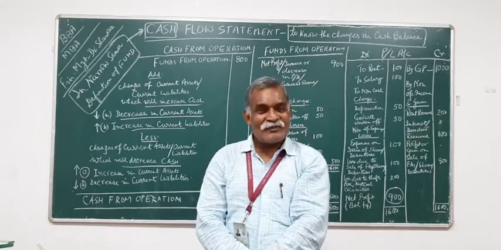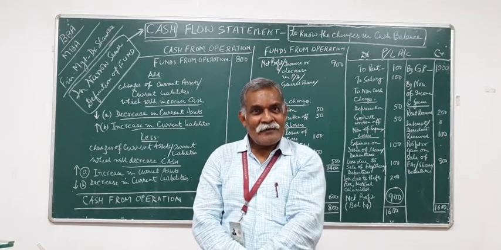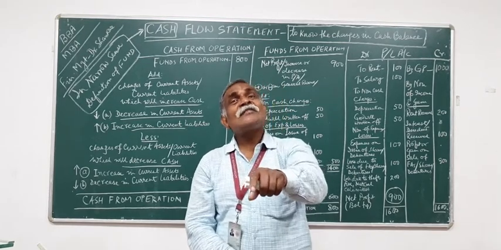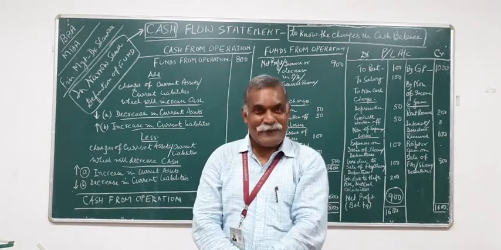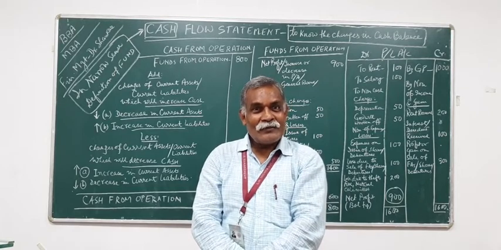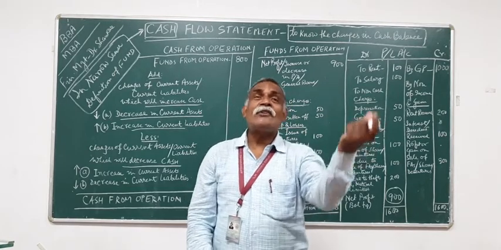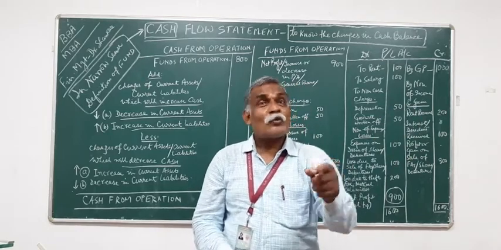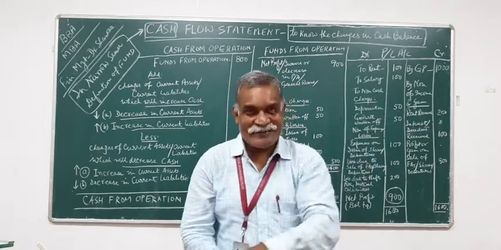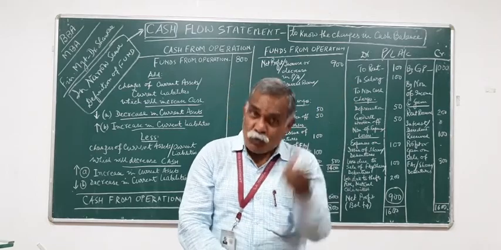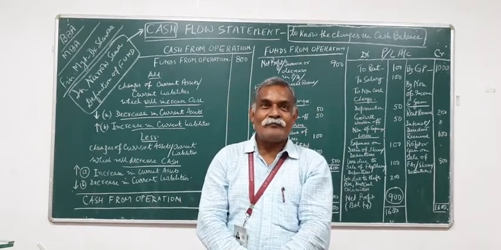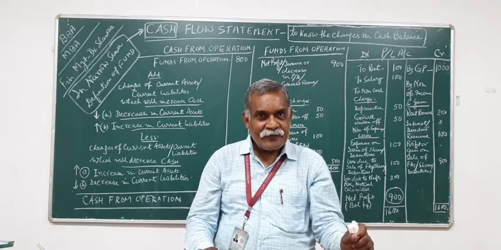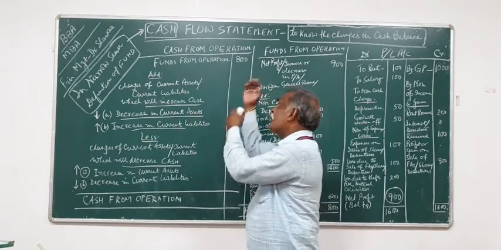So due to non-operating income and gain the net profit of the PL account is increasing. So we have to deduct it to nullify the effect, to calculate funds from operation. Is that clear? In the same way we prepare funds from operation here.